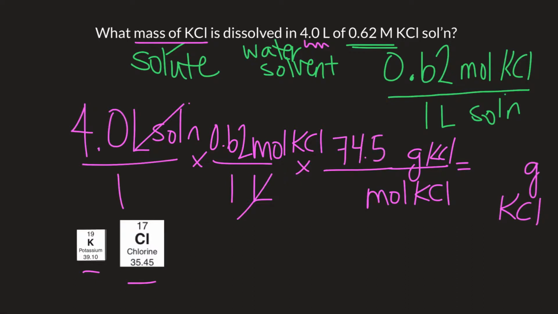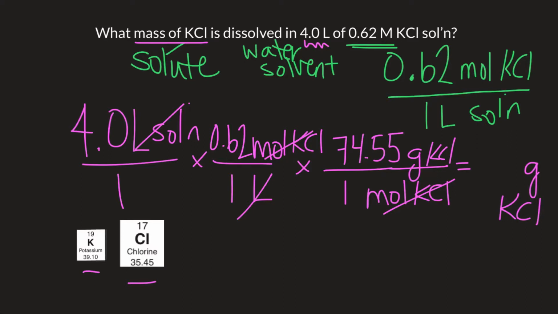And remember that molar mass in the periodic table always goes with grams, and that's in every 1 mole. Okay, now the moles cancel, and you're left with grams of KCl, which is exactly what we wanted. So on our calculators, we're just going to multiply 4 times 0.62 times 74.55. Okay, so take a minute and do that. Get your answer. Also figure out significant figures.